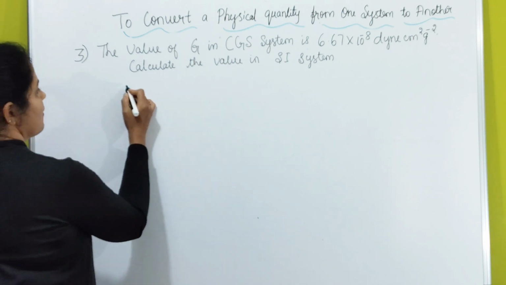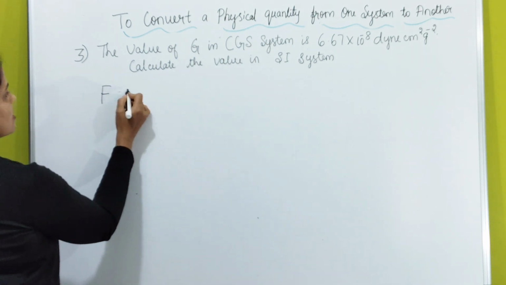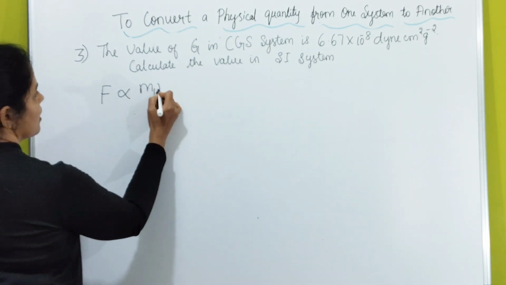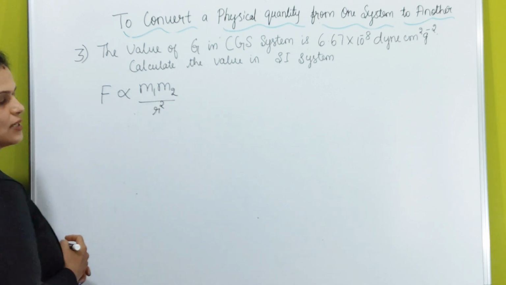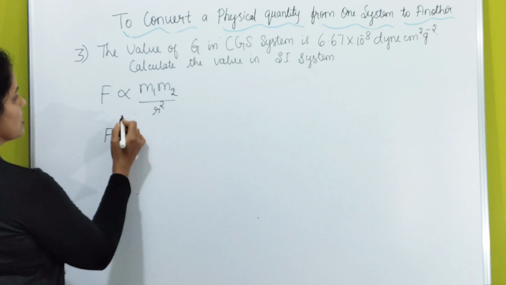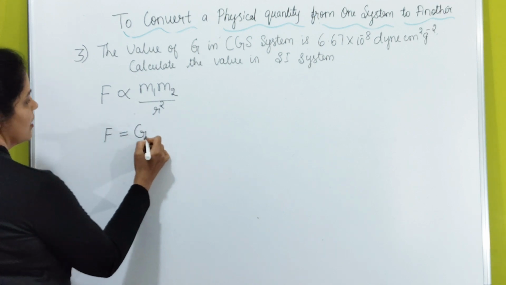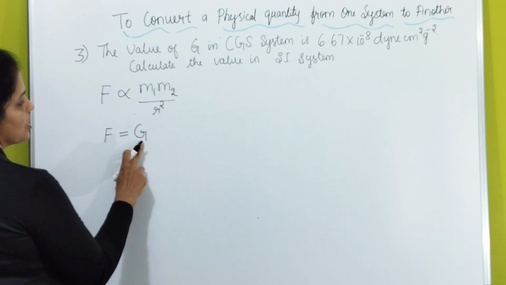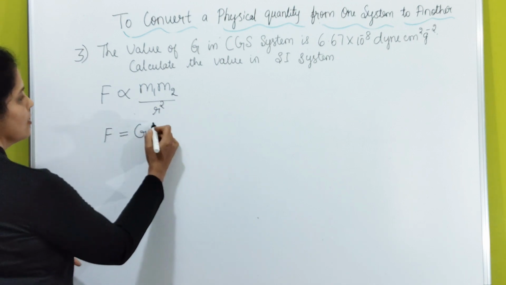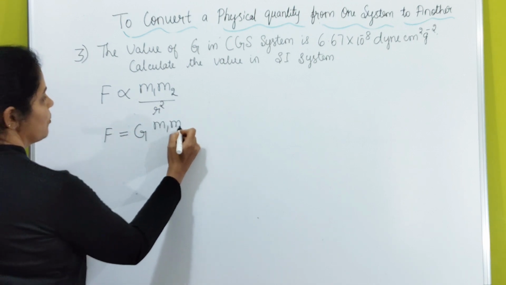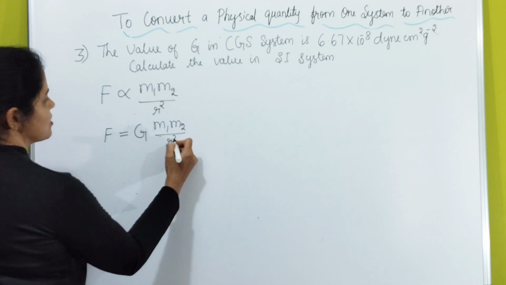We know that gravitational force F is directly proportional to the product of the masses of two bodies and inversely proportional to the square of the distance. If you remove this proportionality, there is a constant called the gravitational constant. F equals G m1 m2 divided by r square.